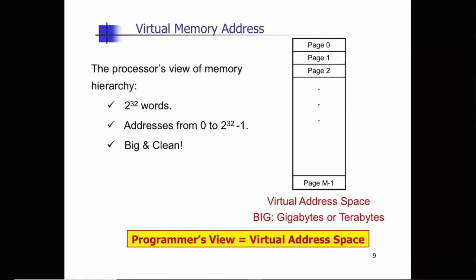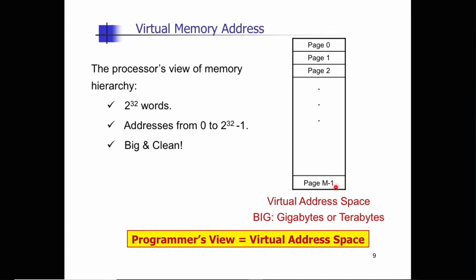Now let's take a look at the virtual memory address. Over here we have a virtual address space. We are showing capital M number of pages, page 0 all the way to page M-1, and this could be just for one specific program.